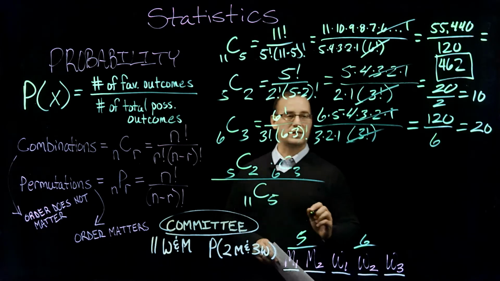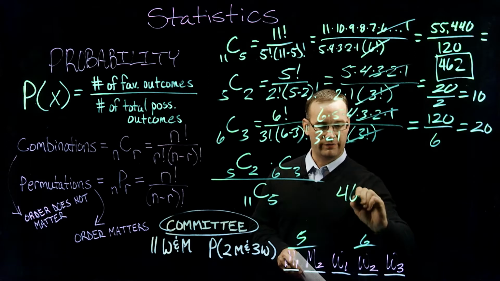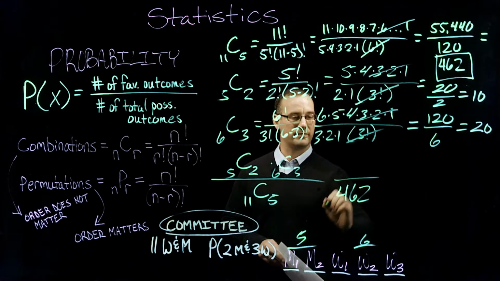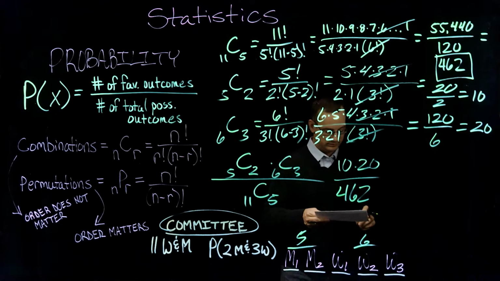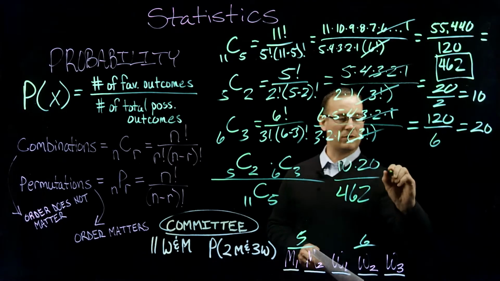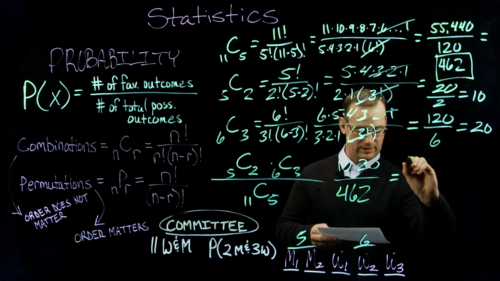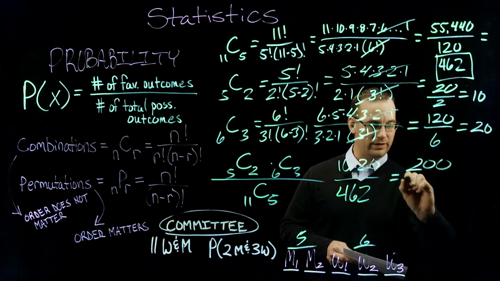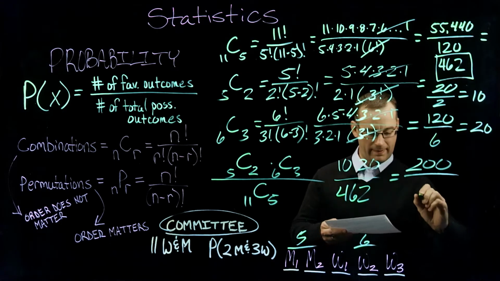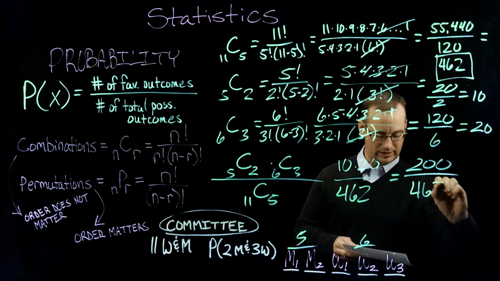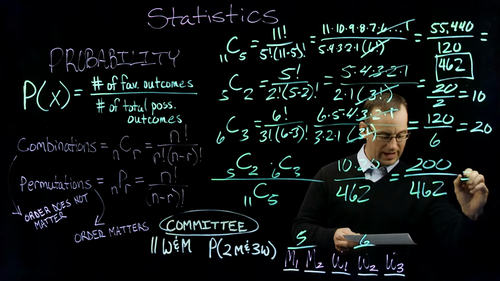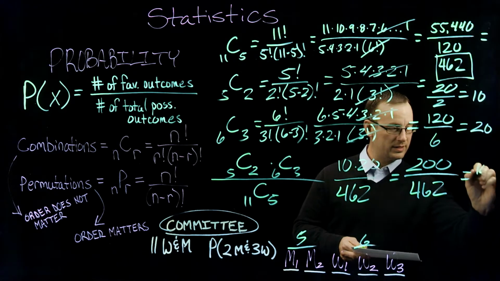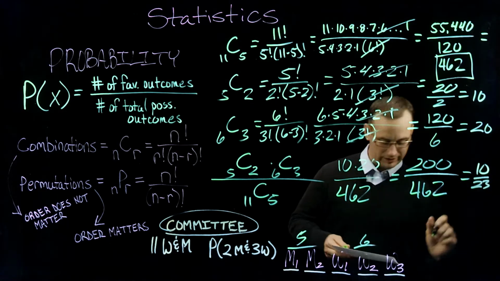We've already worked this out to be 462. And we got 10 times 20. So 10 times 20 is 200 divided by 462. Reduced, it works its way down to 10 out of 23.